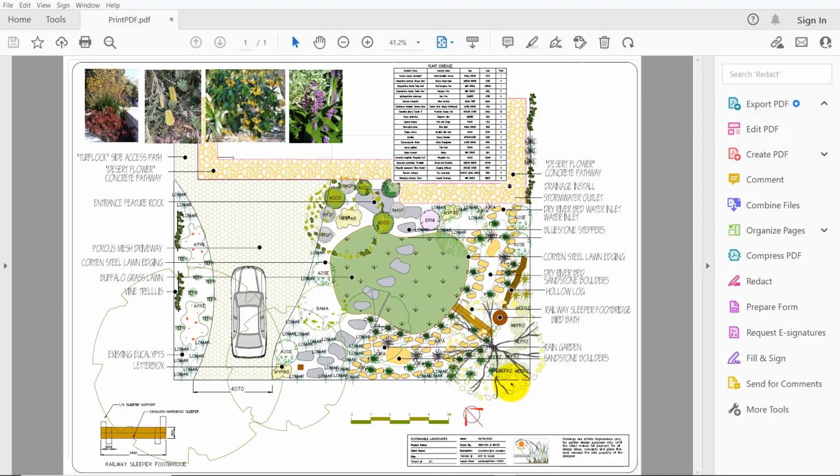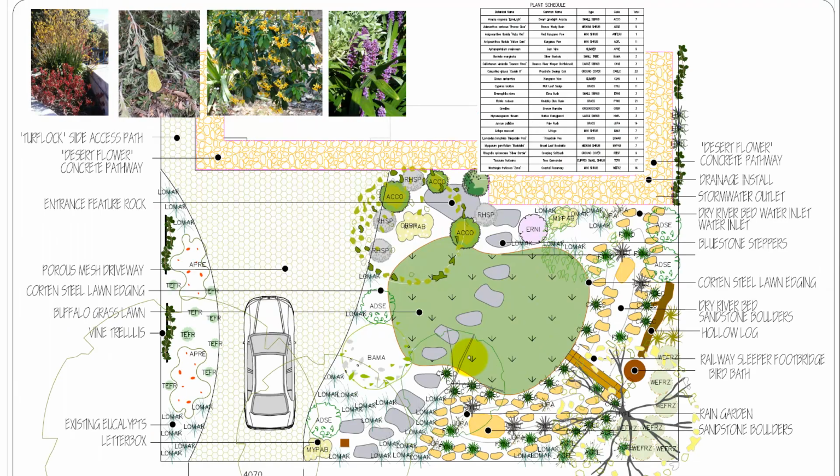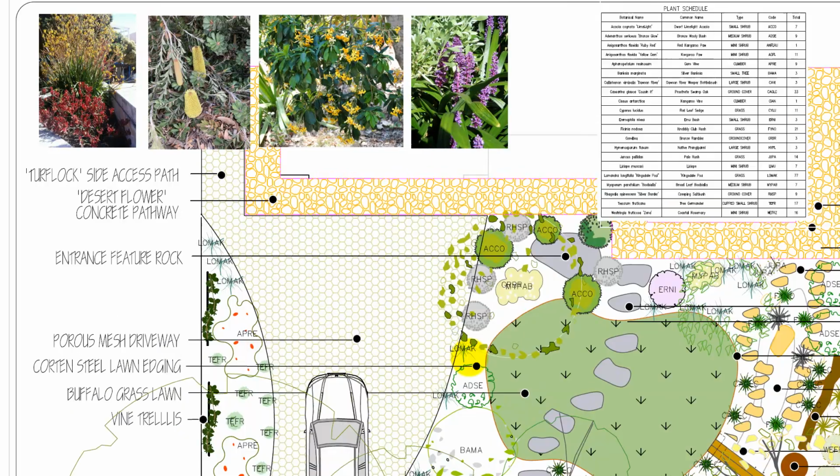Let's go Control L for the screen, and then we'll go Control Plus. We're zooming in, and I hope you can see that we've got very high resolution indeed. We can see the images of species in the design, and they show very nicely. So there's the two major options you've got.